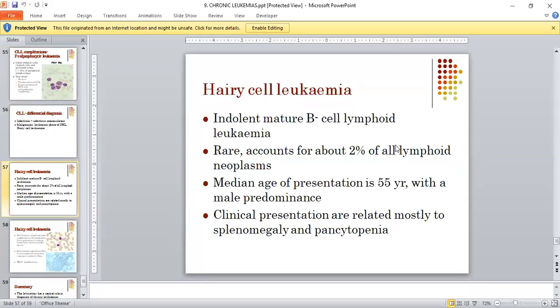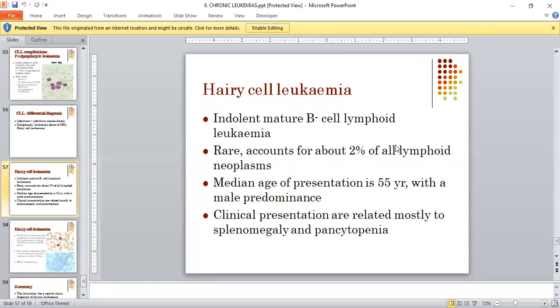The other type of leukemia is hairy cell leukemia. It was in the classification based on the morphology, the B cell. So this one is indolent mature B cell lymphoid leukemia. It's rare, and the median age of presentation is 55 years with male dominance. Clinical presentations are related mostly to splenomegaly and pancytopenia.